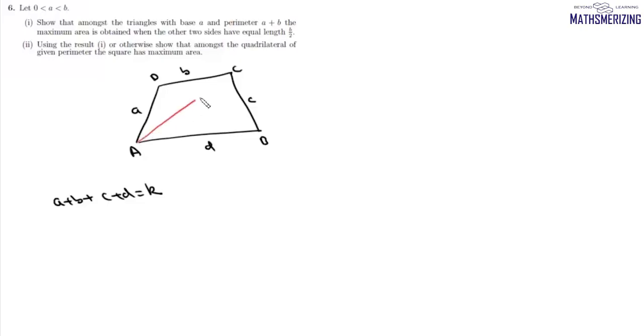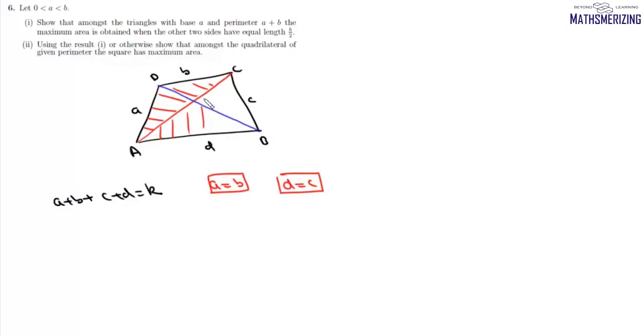Now we consider this diagonal AC. Then for a fixed value of AC, this triangle will have maximum area when the lengths of the other two sides are equal. That means from here we get the condition that a is equal to b. In the same way, the area of this triangle will be maximum when d is equal to c. Now we consider triangles along this diagonal BD.